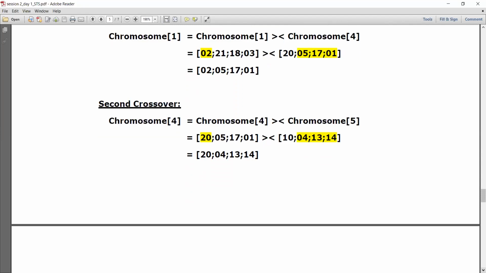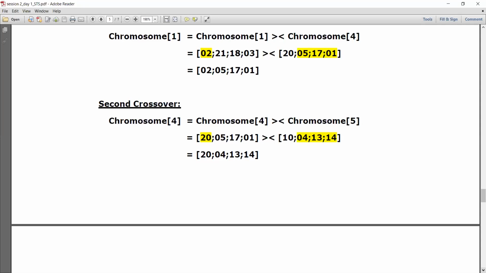For the first crossover, we have the first chromosome and the fourth chromosome. In the first chromosome, you just have that pointer at the first gene. The cut point is 1. Cut of 1 is 1. Let us not confuse it with cut of 2 or cut of 3. Consider only cut of 1. For chromosome 4 also, the cut is again at the first gene, after the first A. So the head is with chromosome 1, the tail is with chromosome 4.